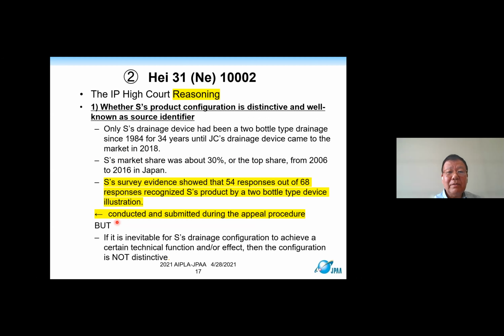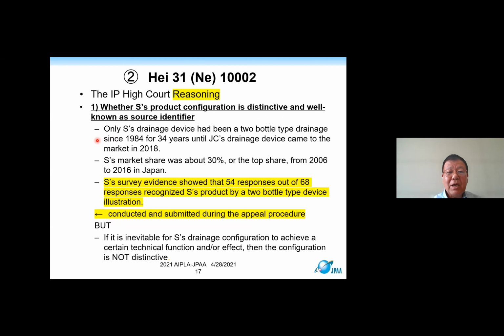Regarding the first element, whether Sumitomo's product configuration is distinctive and well known as a source identifier: only the Sumitomo drainage device had been the two-bottle type drainage device since 1984, for 34 years, and the Covidien drainage device came to the market in 2018.